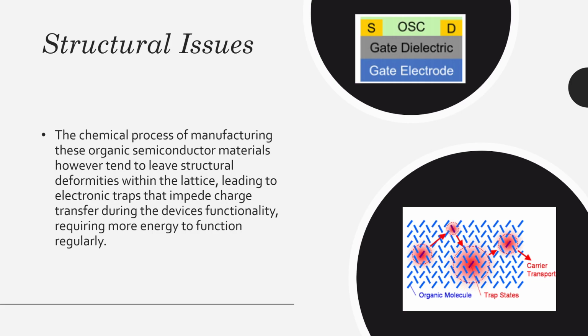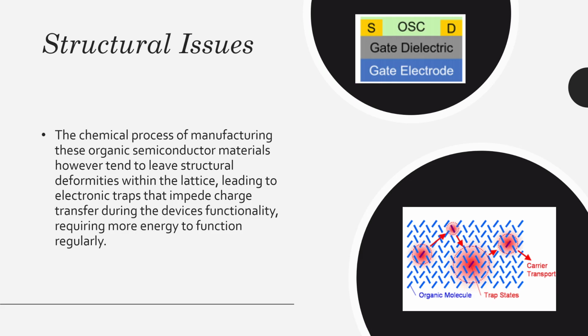Now, despite the benefits of using organic semiconductors, there are a few structural issues that make them work less optimally than necessary. The chemical process of manufacturing these organic semiconductors tends to leave structural deformities within the lattice, leading to electronic traps that impede charge transfer during the device's functionality, requiring more energy to function regularly.